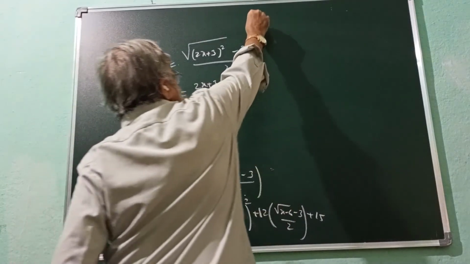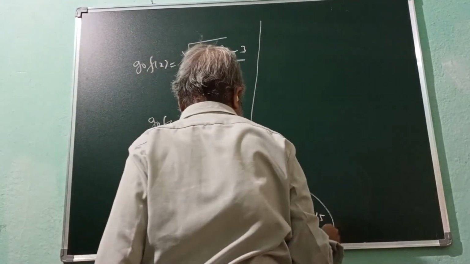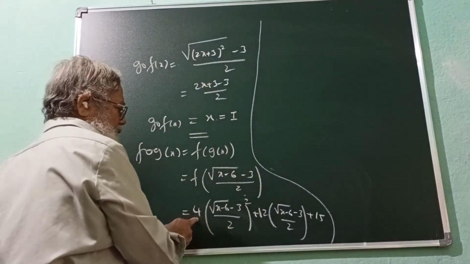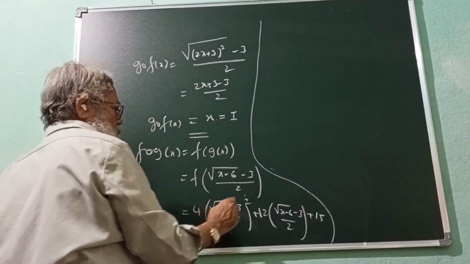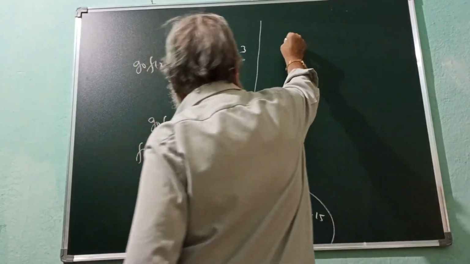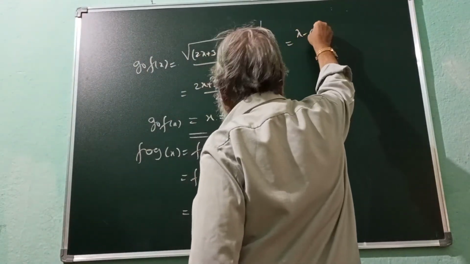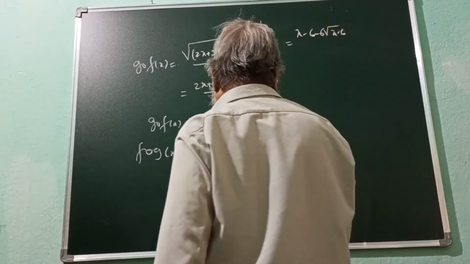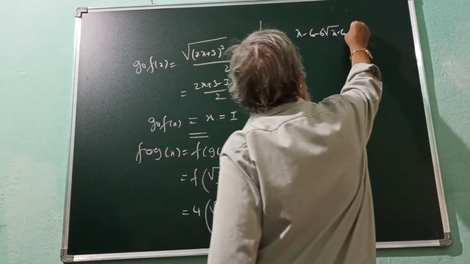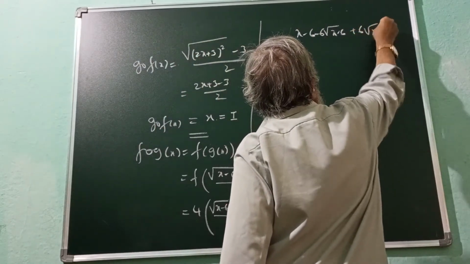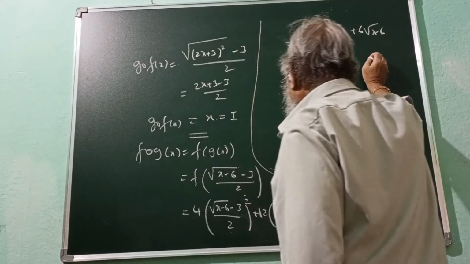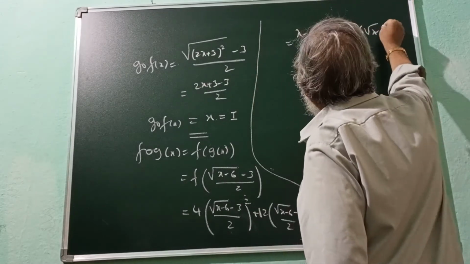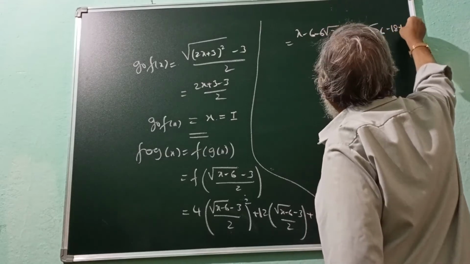Now we have to simplify this. So simplification is, if you square the denominator 4, 4 cancels with 4. Expanding (a minus b) whole square formula, that is given by x minus 6 minus 6 root x minus 6 here, 2ab is 6 again, plus 6 into under root x minus 6, plus x minus 6 minus 18 plus 15.